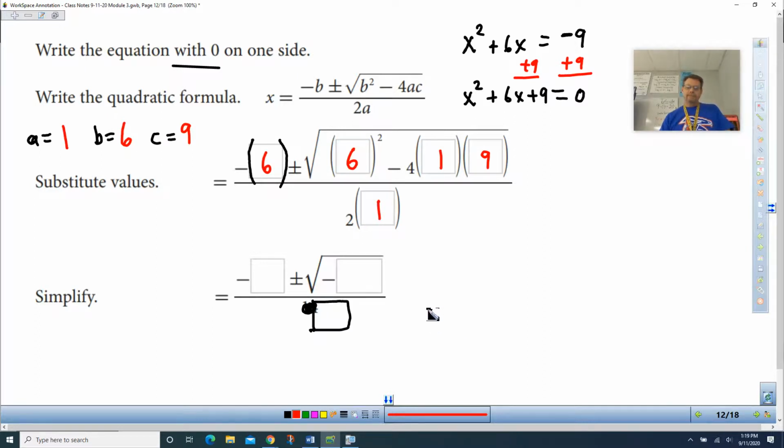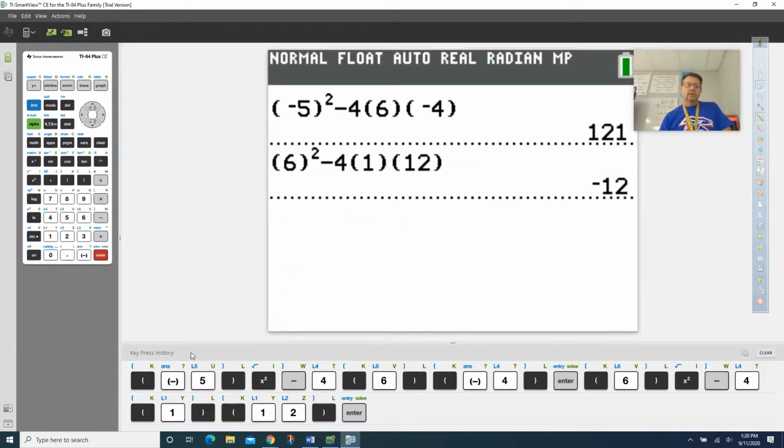All right, next step, we're going to put this into my calculator. Let's see what happens with that. Okay, what does that turn out to be? All right, so we're going to do open parentheses.